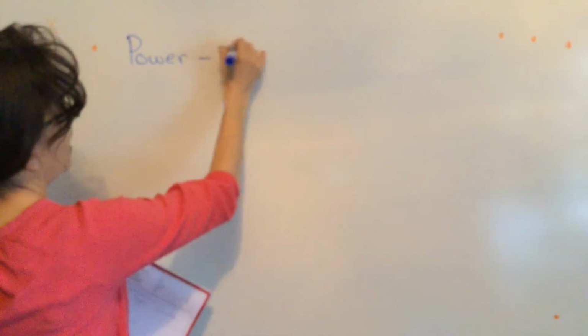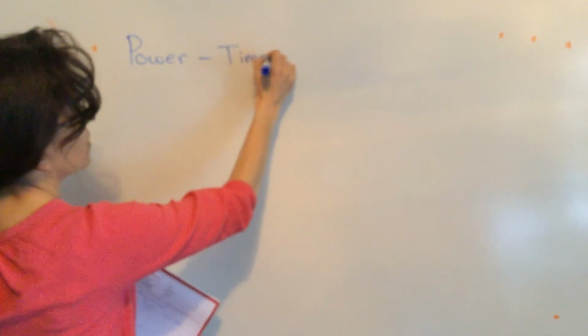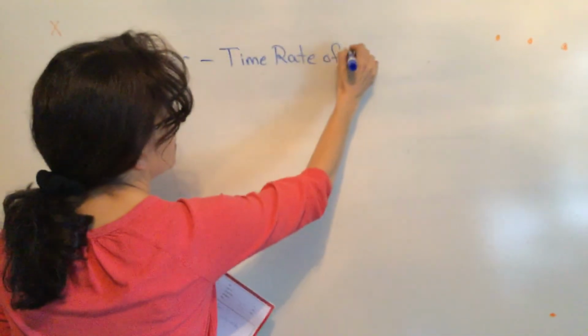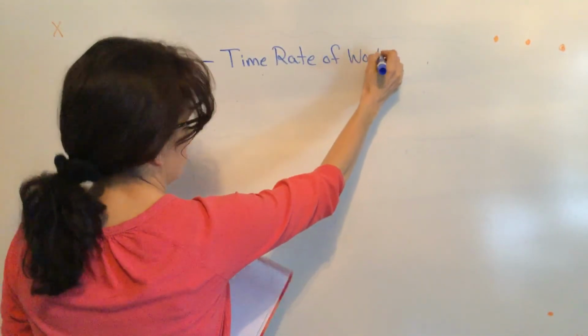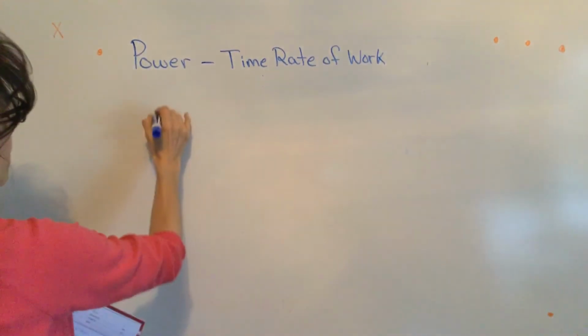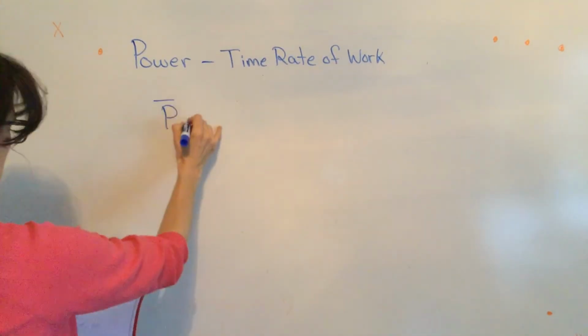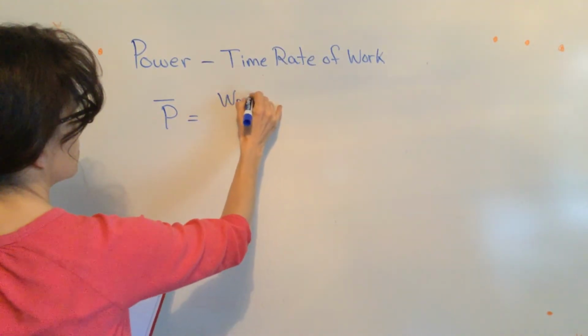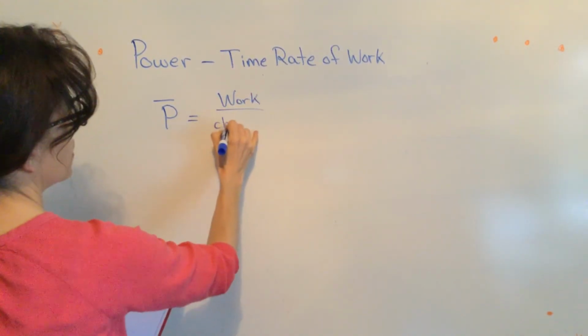Power is the time rate of work. So it's basically the rate of work. Average power is equal to the work divided by the change in time.